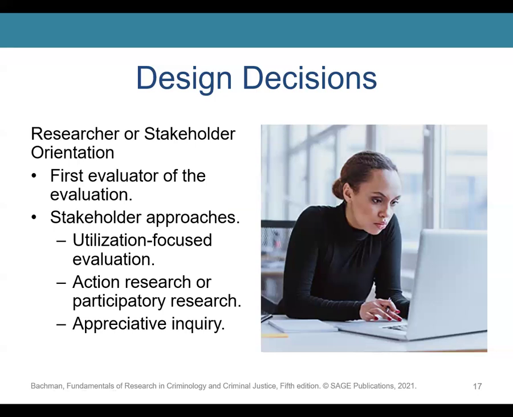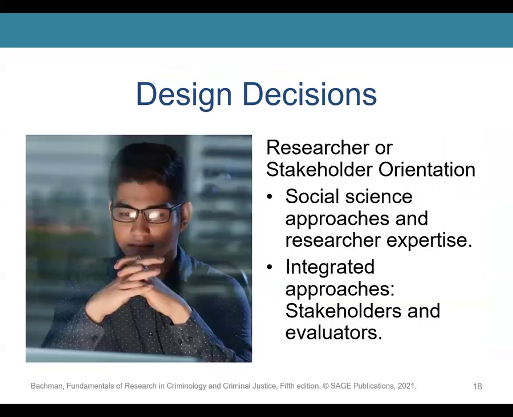This takes us to researchers or stakeholders orientation. What this is meant to do is look at the social science and integrated approaches. The social science approach, or researcher expertise, is an orientation to evaluation research that expects researchers to emphasize the importance of researcher expertise and maintain autonomy from program stakeholders.